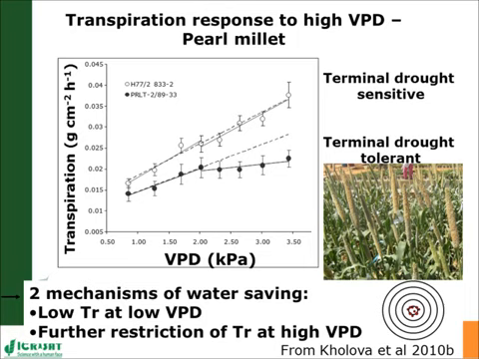So here is an example of that transpiration response to VPD in the case of pearl millet. Terminal drought sensitive material is unrestricted at all. Terminal drought tolerant material shows differences in conductance under low VPD, the first mechanism of water saving, and a second mechanism of water saving, a further restriction of the transpiration under high VPD conditions.